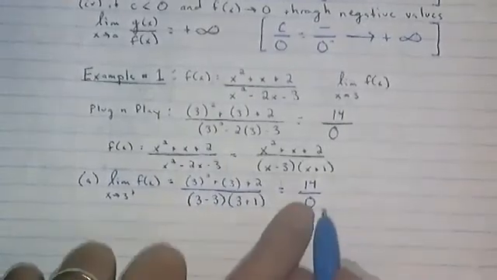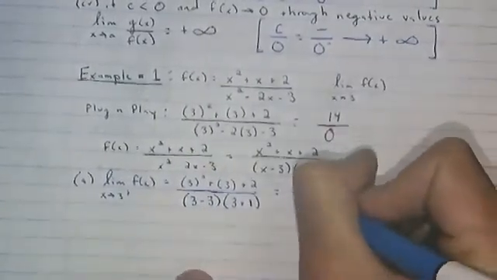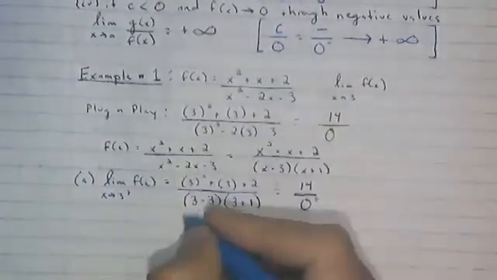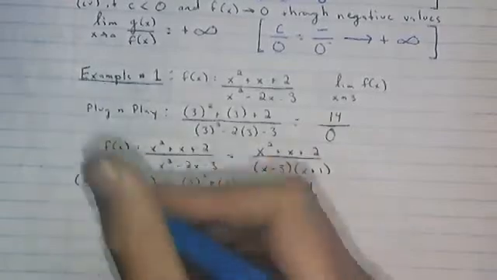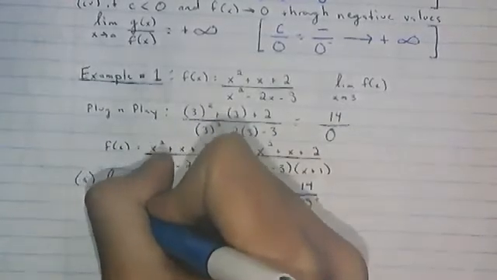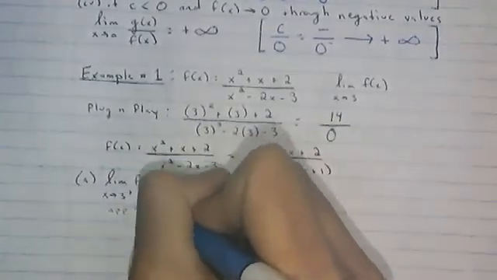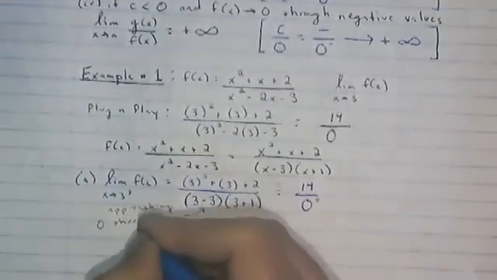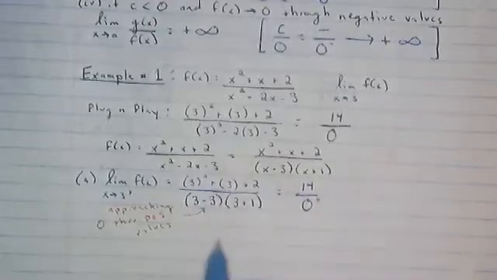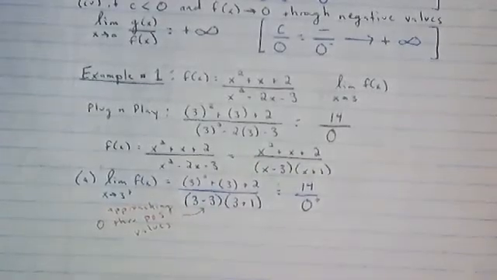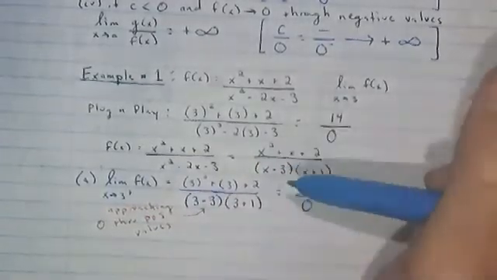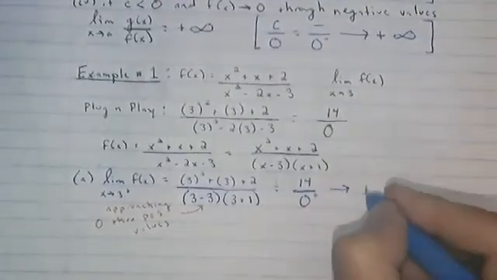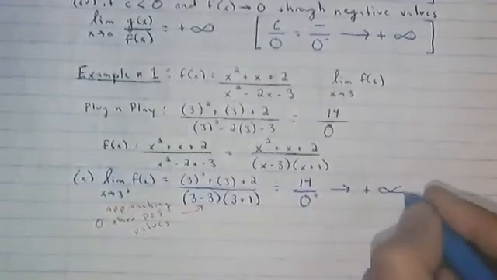Which leads us to believe that this bottom 0 is approaching 0 through positive values. And it's determined by this guy right here. Approaching 0 through positive values. So a positive constant divided by a positive 0. From the right side, we are increasing without bound.